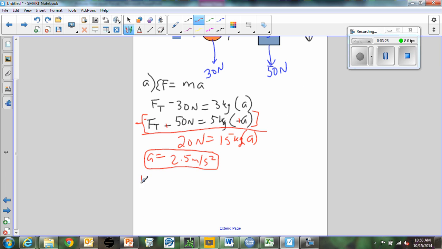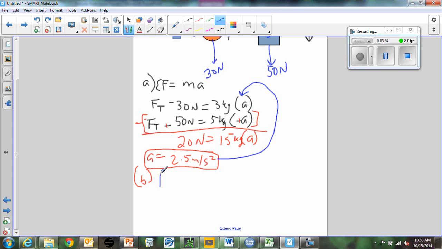Okay, the B part, they want us to find the tension. So to find the tension, all I'm going to do is substitute this back in an original equation. It doesn't matter which one, but if I substitute it back in this bottom equation, the one that has 50 newtons, I have to be sure it's the original with the negatives in it. So I'm just going to put it in this one. So that basically it's negative 30 equals 3 times 2.5.